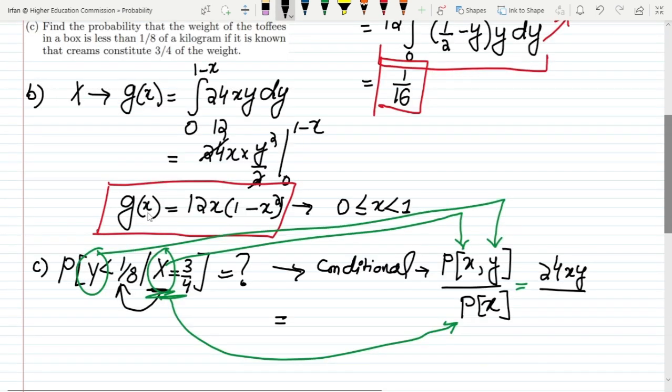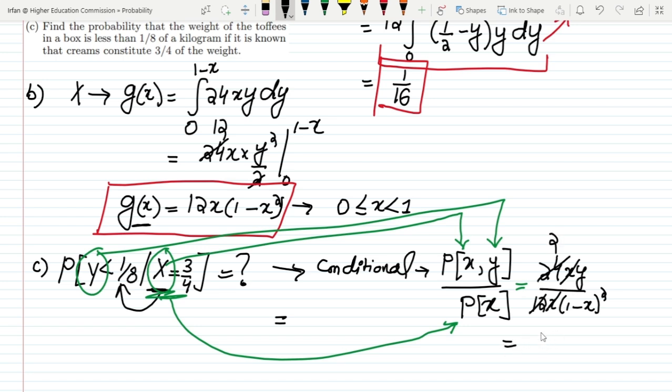Yes, that is also the marginal density which we have here, 12x times 1 minus x square. So these two will cancel out, this will be 2, and ultimately I will get 2y divided by 1 minus x whole square.